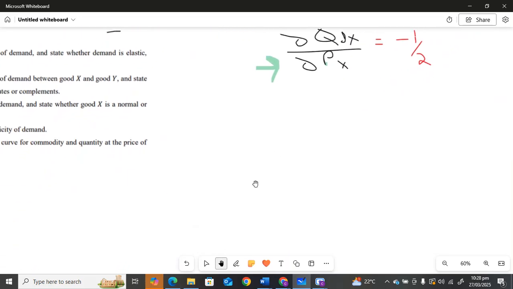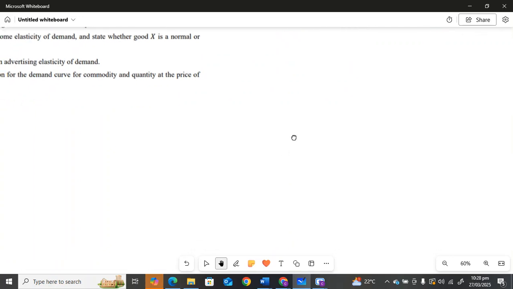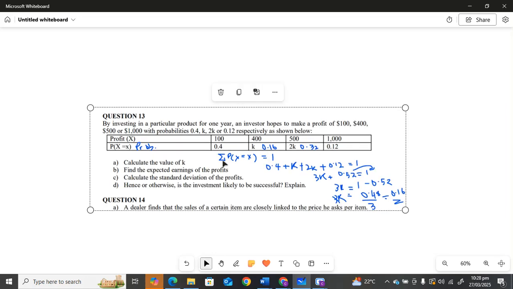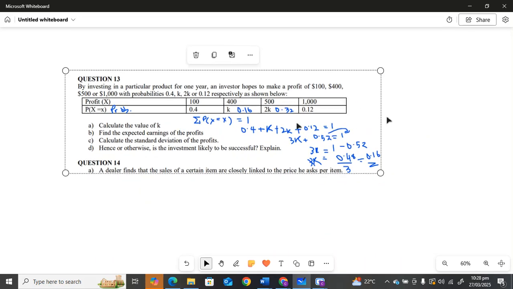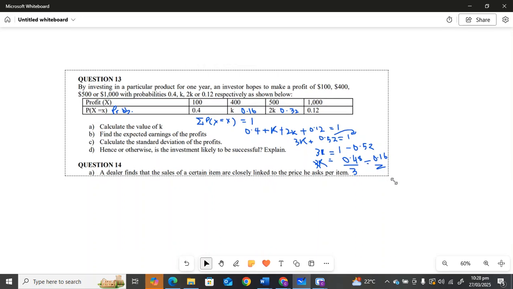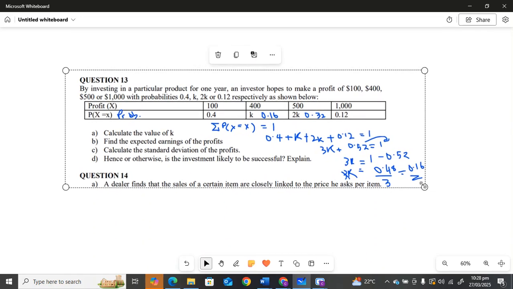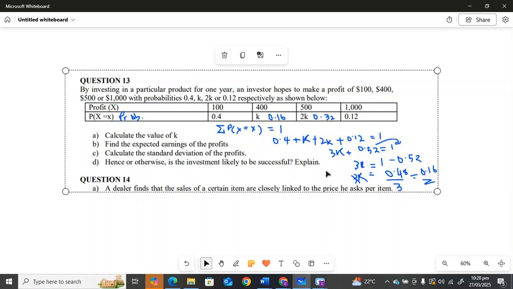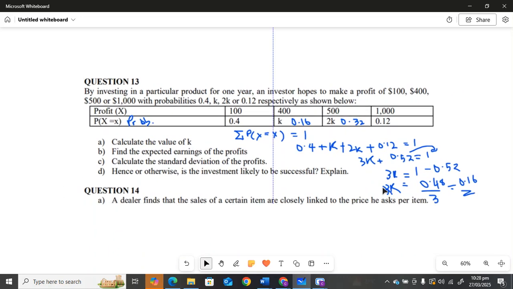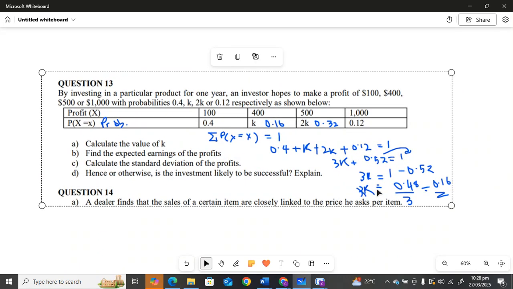You're asking me to read out when I was adding up when I made the equation.